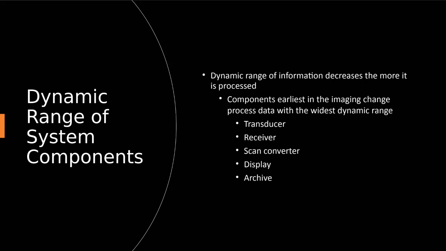So going from analog to digital and then back from digital to analog, those are going to have ranges to them. Any information that falls below or above that range is not going to be processed or stored. Our display screen is going to have a range as well. Not every computer screen can display every level of brightness or darkness possible. And then also our archiving system will have a limit to the range of information that it can save.